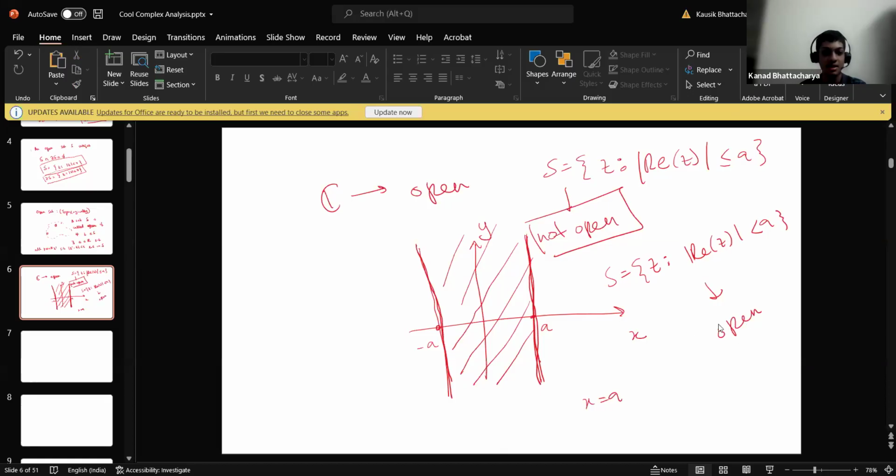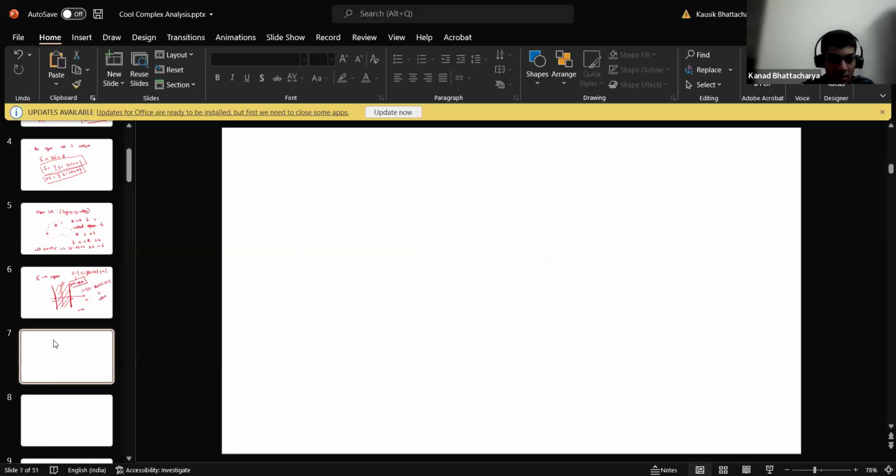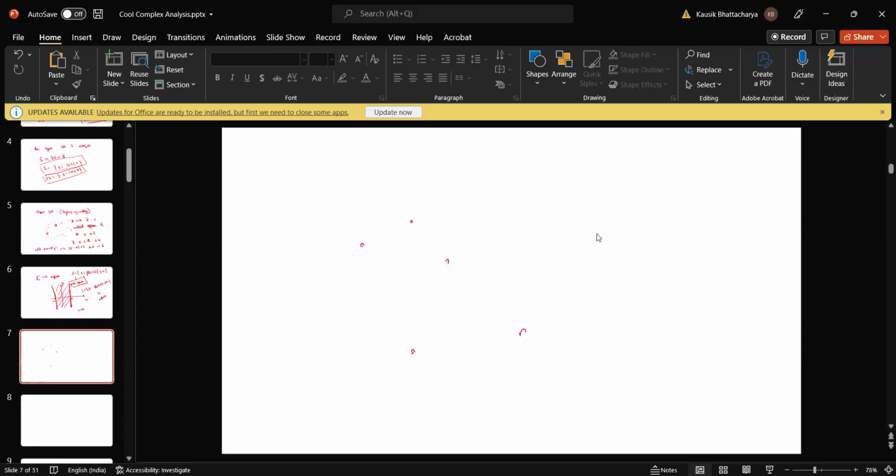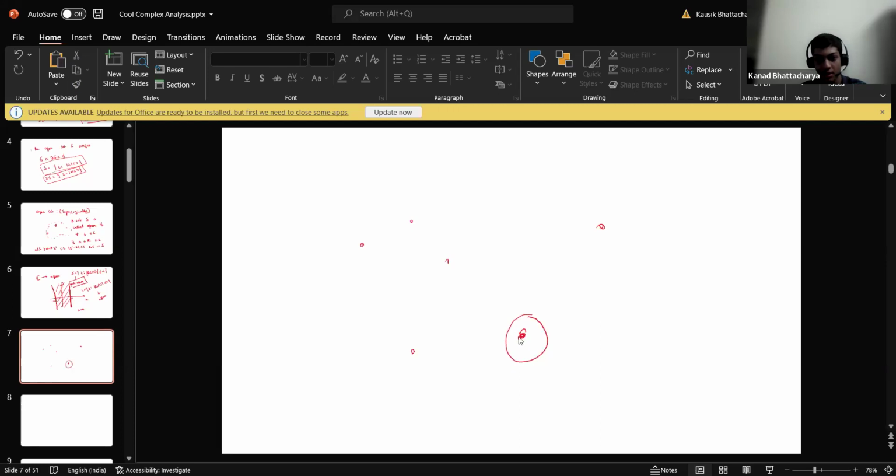Mandar, when you're saying discrete set, do you mean points which do not have an accumulation point? Like randomly spaced points? I'm not speaking in very rigorous language here, but I get what you're saying. This is not an open set, because if you take any point here and draw a circle around it, it's going to include the point itself and points outside, no matter how small the circle is.